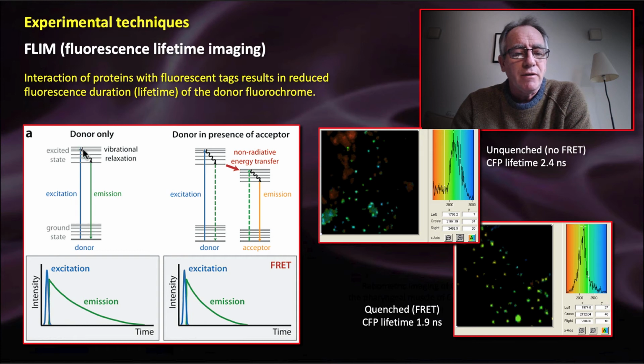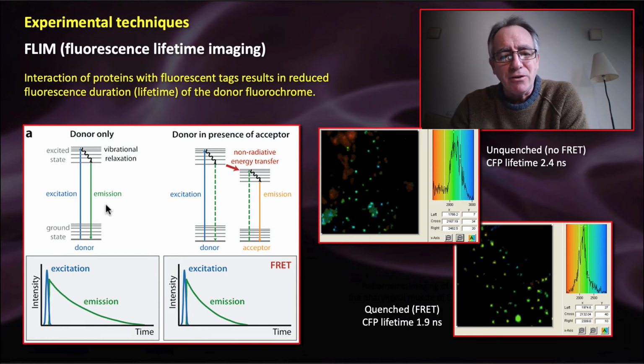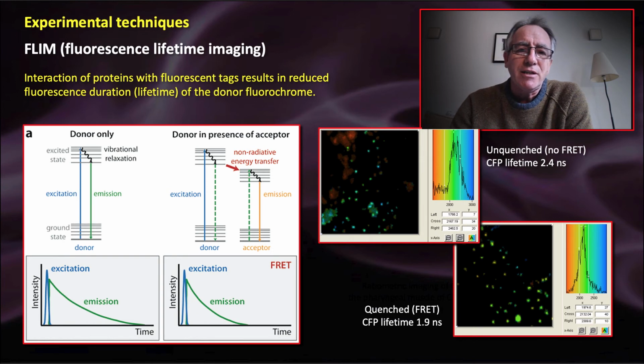And those electrons fall back to ground state with emission of heat, but also with emission of fluorescence. So in this example here, we've got a fluorochrome that is being excited with blue light, and it's emitting some green light. Well, you can measure the brightness by looking at how much emission there is, but there's something else that you can measure, and that is how long the fluorescence lasts for.